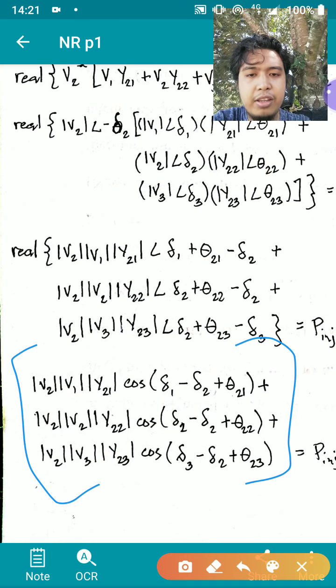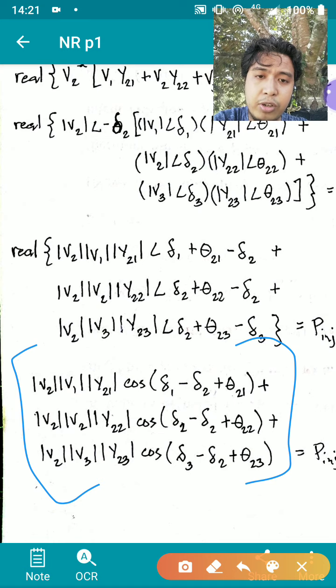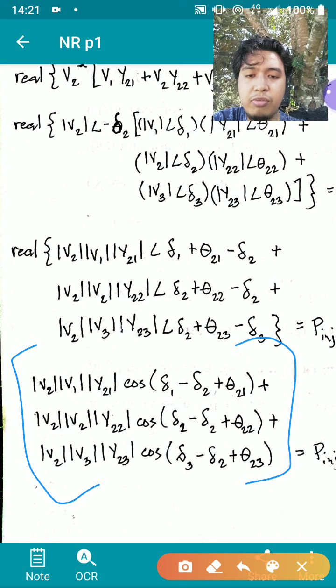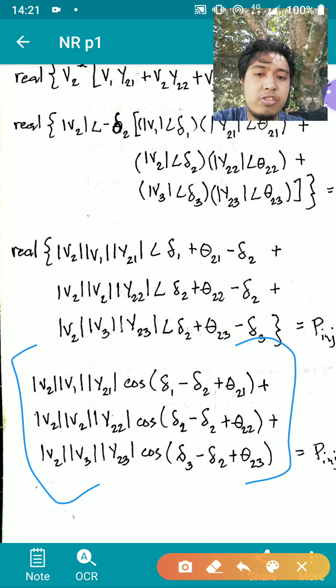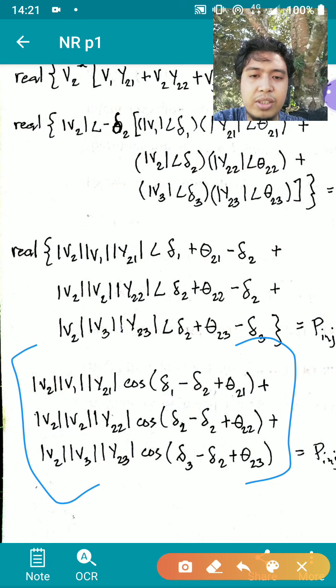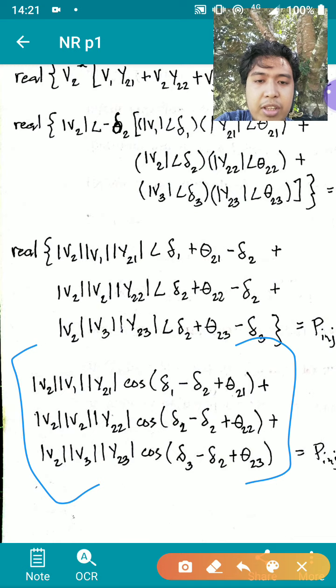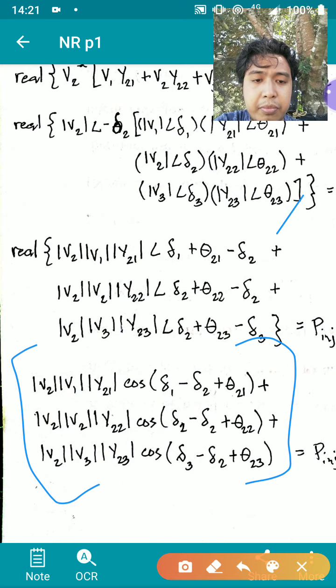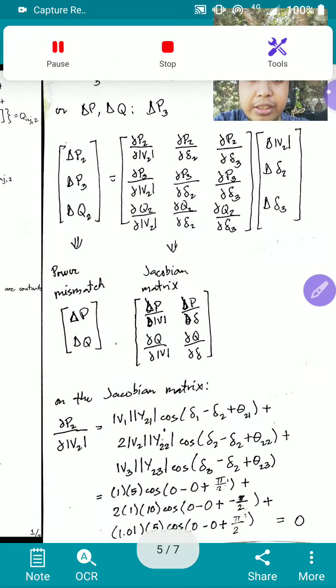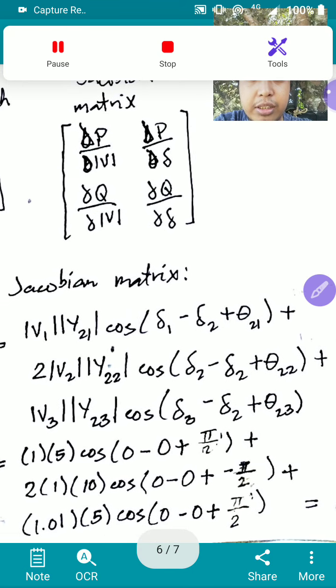So the derivative of this would be V1 Y21 cosine plus, take note, V2 times V2 is V2 squared. So if you get the partial derivative of that with respect to V2, it's 2V2. So you don't cancel out V2. So it's 2V2, and then on the third term, it's V3 Y23 cosine.